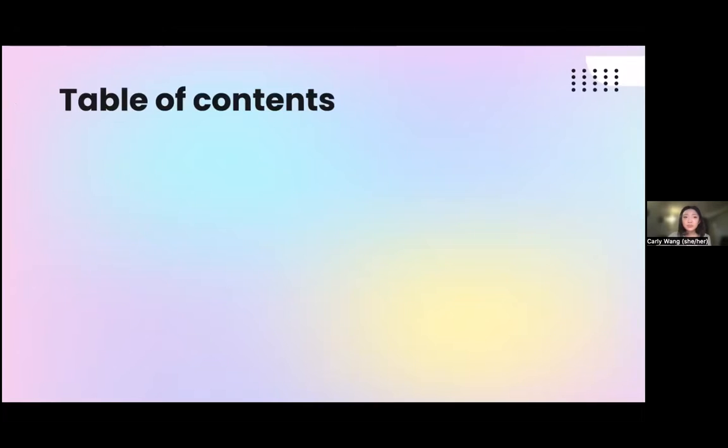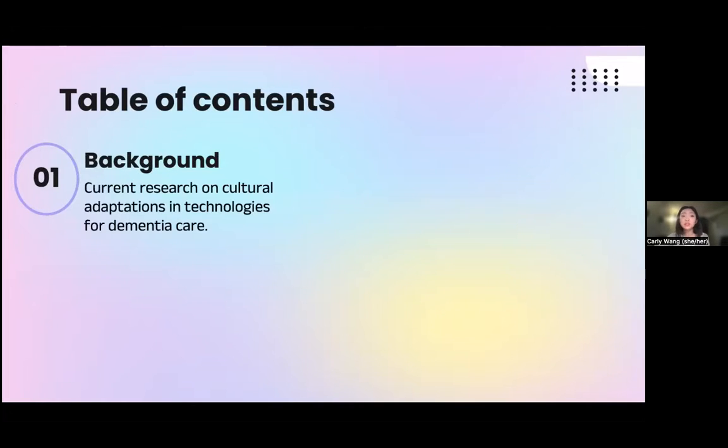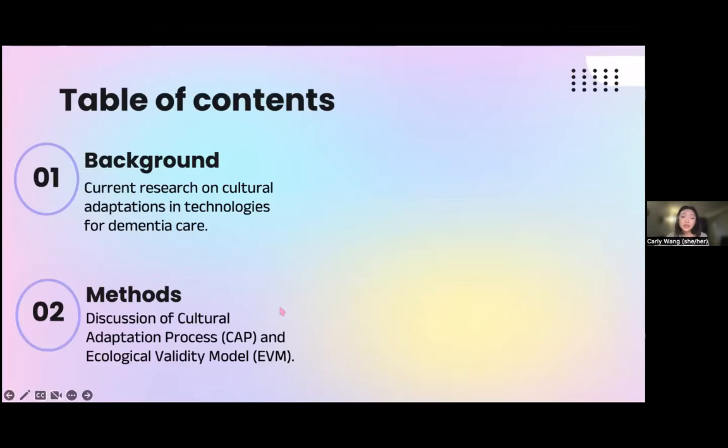So we're gonna just go through briefly what the presentation is going to be going through. There are 4 sections. It's gonna be a background really briefly on current research on cultural adaptations and technologies for dementia care, methods, and we're gonna discuss briefly the methods we used, discussions of cultural adaptation process, CAP, and the ecological validity model, EVM.